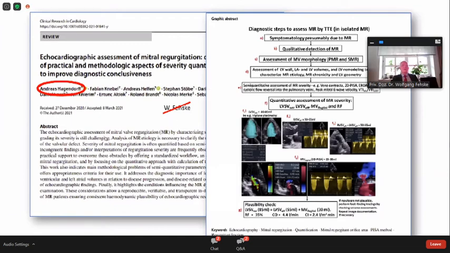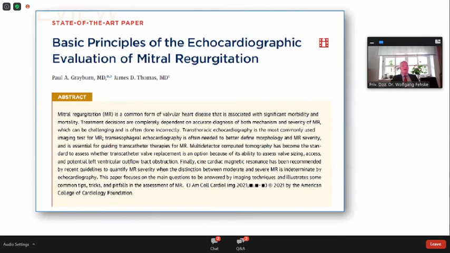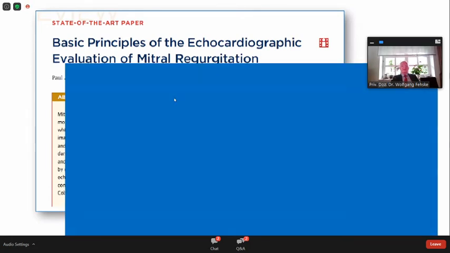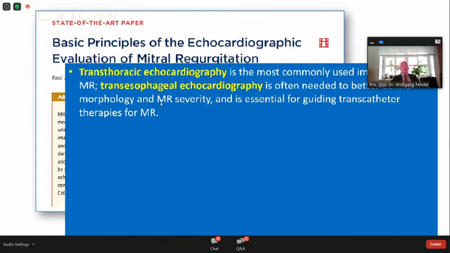I really do not believe that this is what we can do, and I'm in agreement with Paul Rayburn, whom I know very well. I've spent several weeks together with him in former times, and he underlines that transthoracic echocardiography and TEE are excellent for diagnosing mitral regurgitation and having an idea if it is severe or not severe.